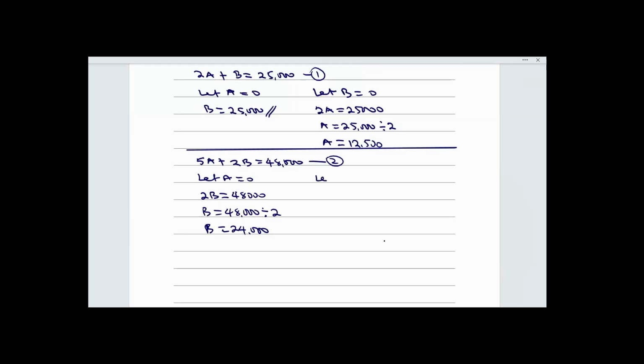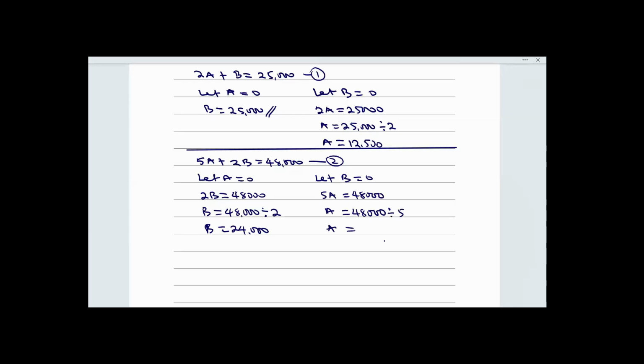Again, let b equal to 0. If b is equal to 0, then 5a will be equal to 48,000. Therefore, a will be equal to 48,000 divided by 5.